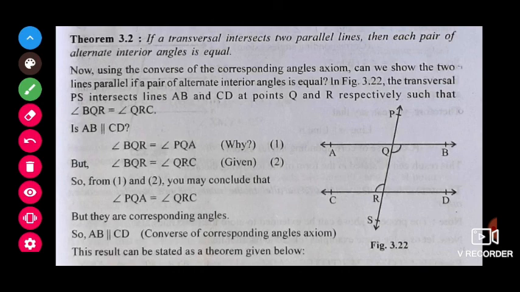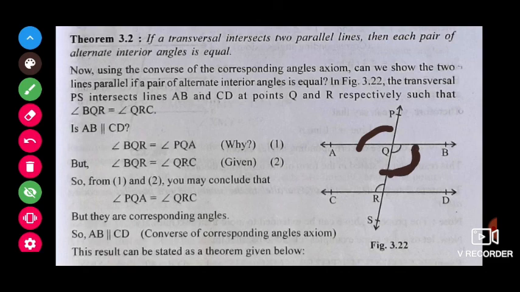Now we know that AB is parallel to CD. So we can write that BQR is equal to PQA. Why, children? Because they are vertically opposite angles. Next, where is the BQR?